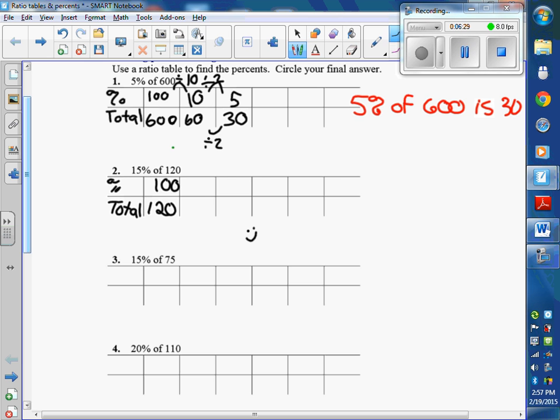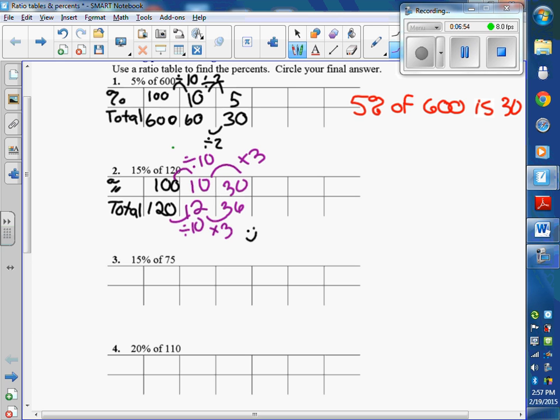The first thing I did was divide by 10, and I get 10 and 12. Then I multiplied it by 3, and I got 30 and 36.